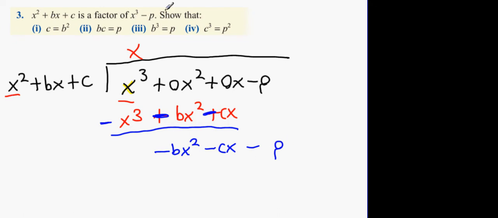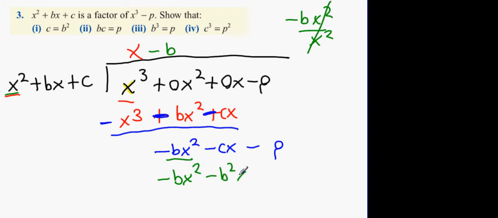The next one is going to be x squared into minus bx squared, minus b times. See, minus bx squared divided by x squared, take out the x squared, you get minus b. Multiply it in, and we get minus bx squared minus b squared x, because b by b is b squared x, minus cb.